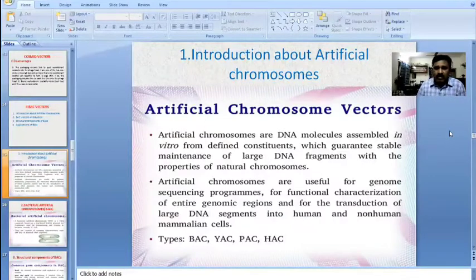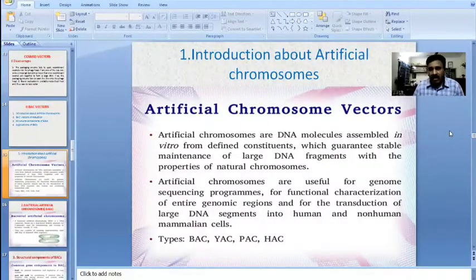They are useful for genome sequencing programs, for functional characterization of entire genomic regions, and also for the transduction of large DNA fragments into human and non-human mammalian cells.